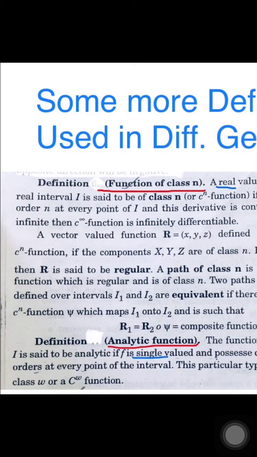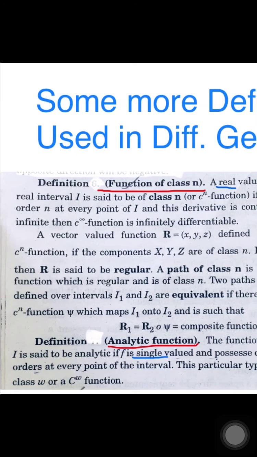So this is the definition of a function of class order n when it is regular, that is, for regular we are taking a vector valued function of class order n. Now we come to the other definition, of an analytic function, which is important and which we underlined by blue line.